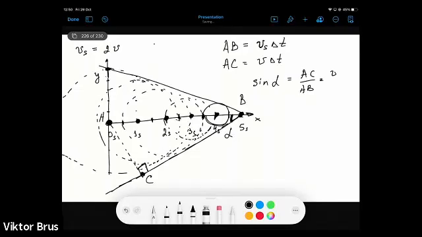That is equal to V times delta t divided by Vs times delta t. So we can cancel out this delta t, and that will be equal just to the ratio between the speed of sound and the speed of our plane. And this can be given as 1 divided by M.